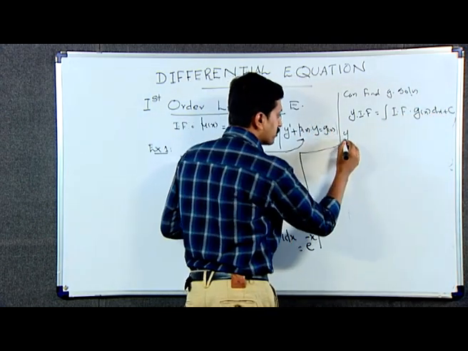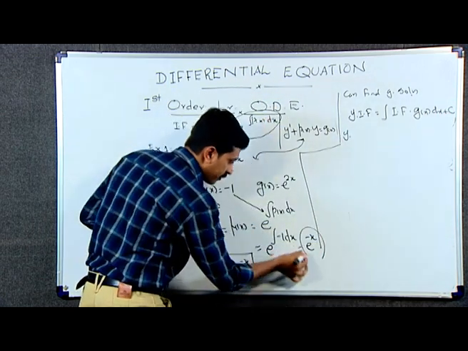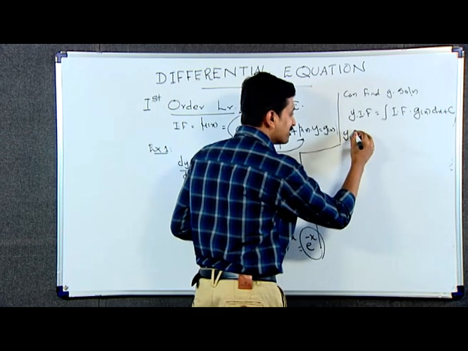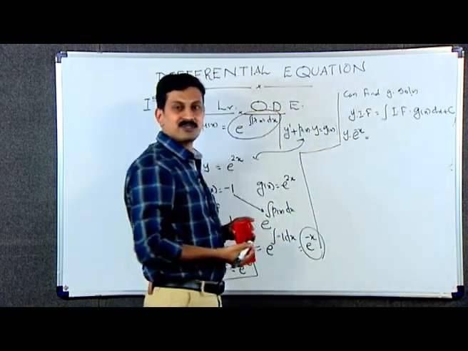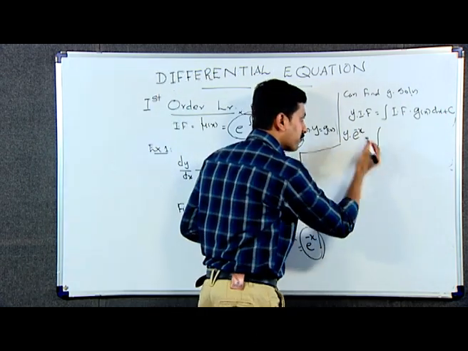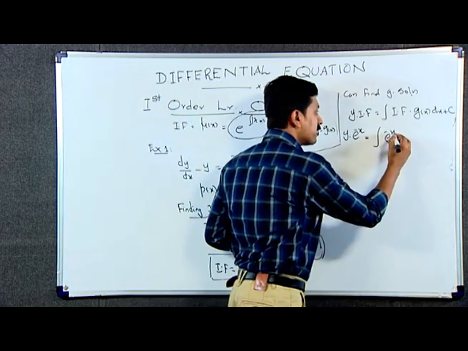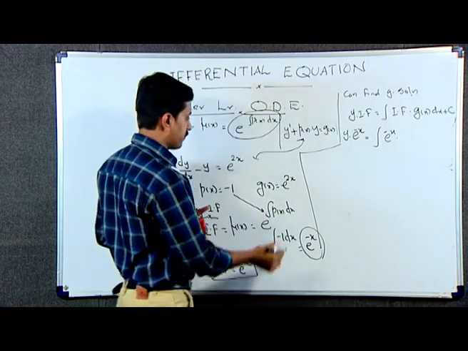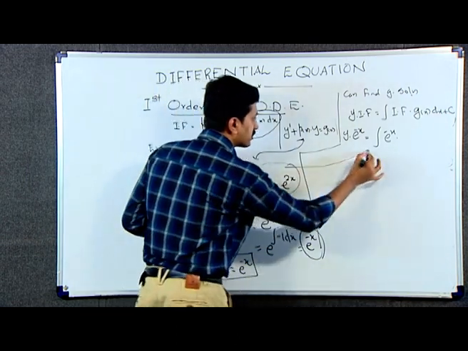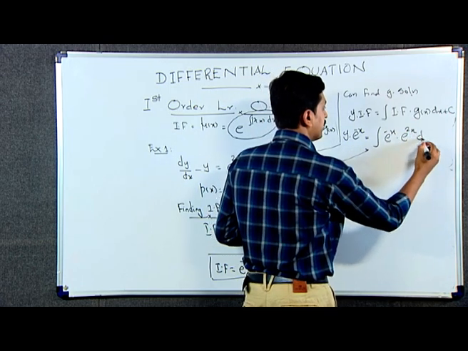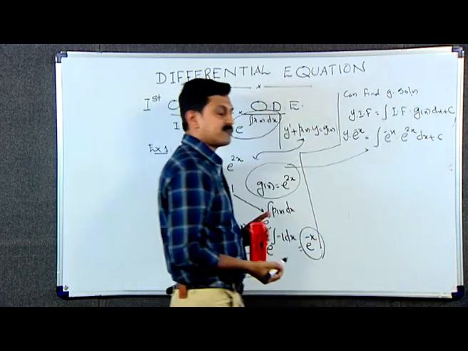So, y into the integrating factor, which we found as e raised to minus x, is equal to integral of the integrating factor, e raised to minus x, into g of x. What about g of x? We found g of x is e raised to 2x, so we apply it here, dx plus c.